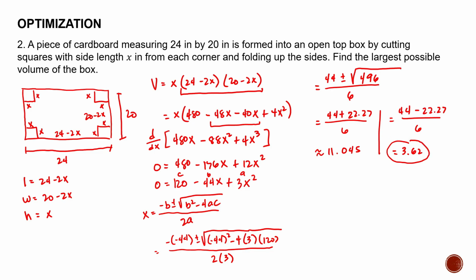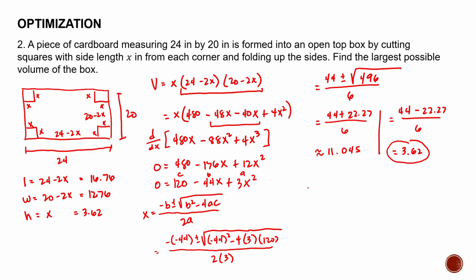Okay. So let's compute now the length, the width, and the height is 3.62, in terms of that value that we got. So 24 minus 2 times 3.62 is 16.76. And then 20 minus 2 times 3.62 is 12.76.